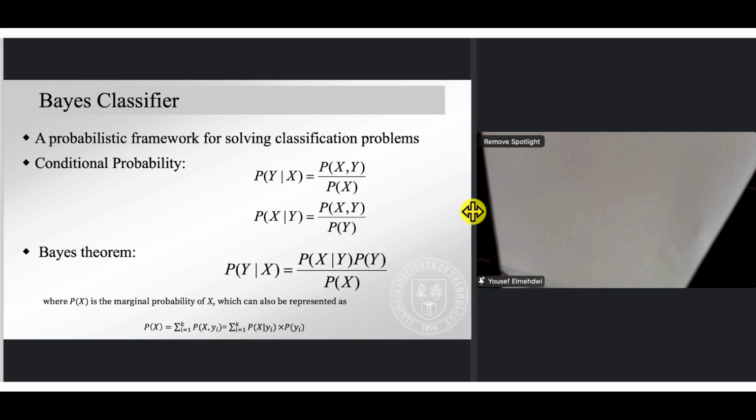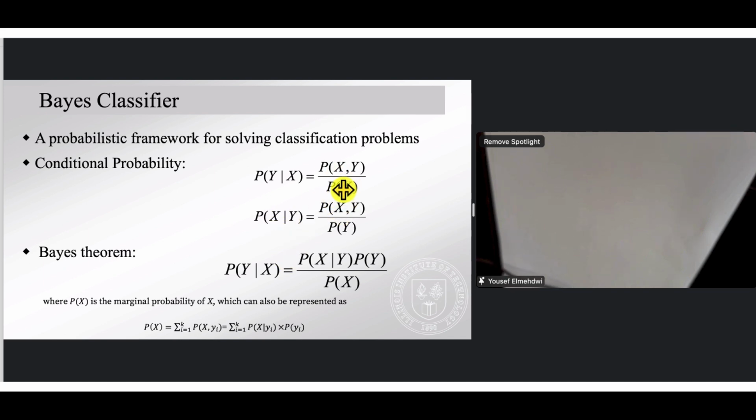When you talk about classification, as we mentioned last time, the building blocks that we need to cover are the conditional probability and the Bayes theorem. The conditional probability means that I need to compute the probability of y given x, which equals the joint probability of x and y divided by the marginal probability.